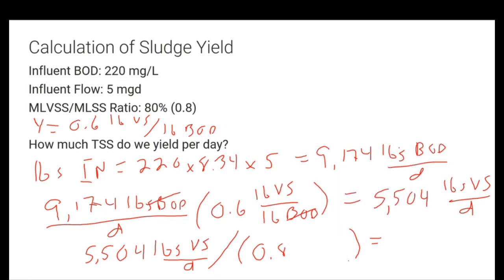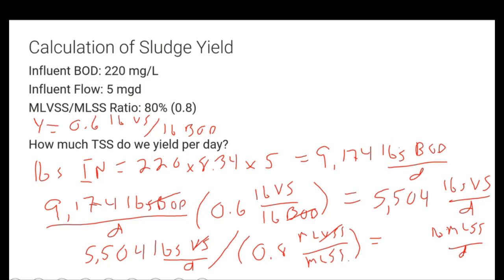All right, so this should be MLVSS to MLSS. So now if I'm dividing by those, my VSS cancels out, and the units I end up with are MLSS or TSS, pounds per day.